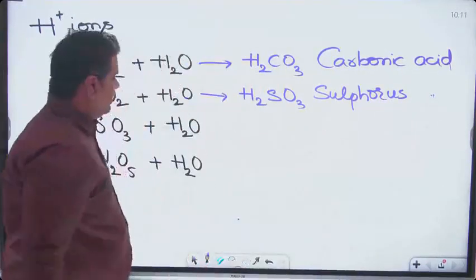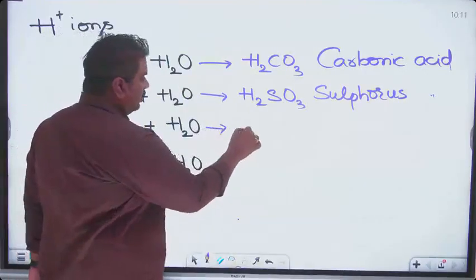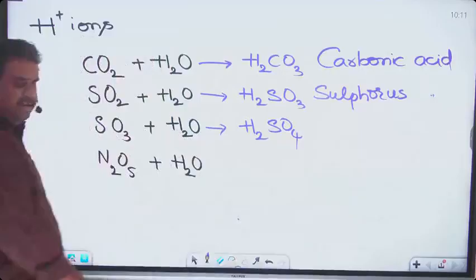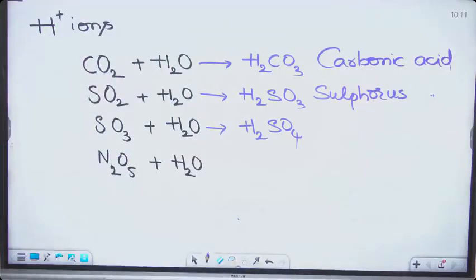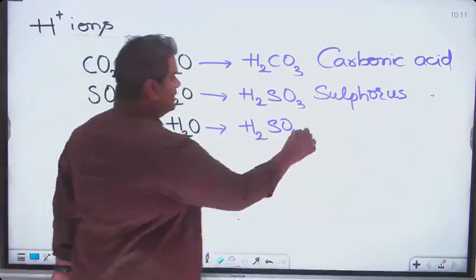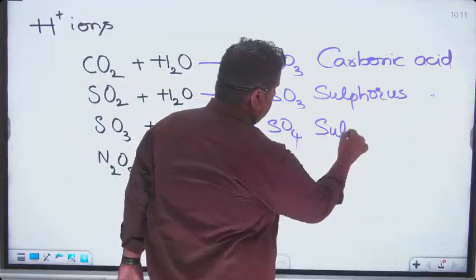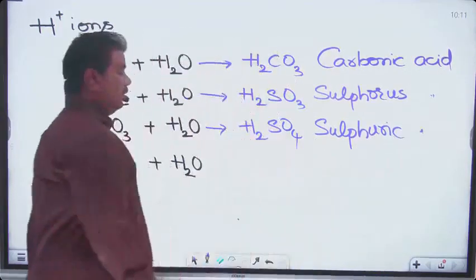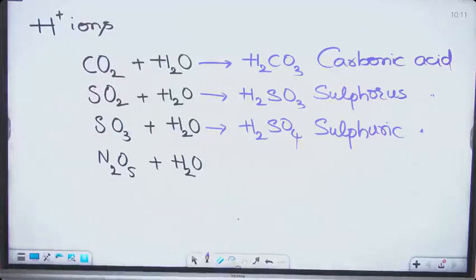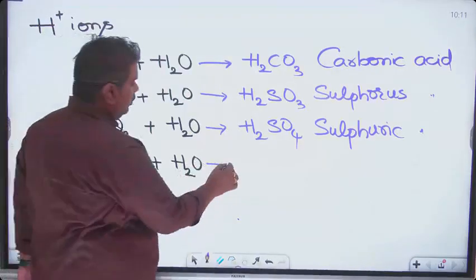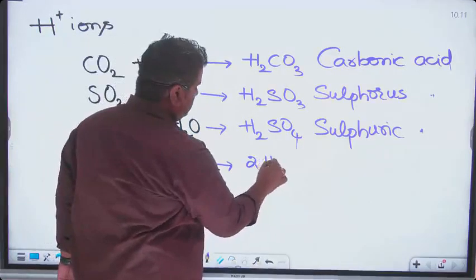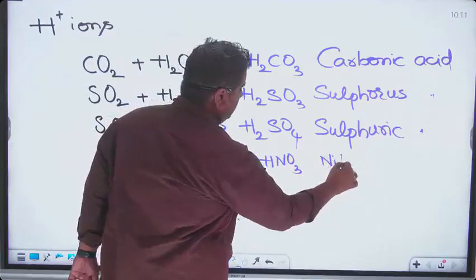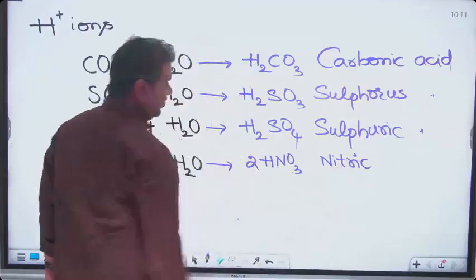Now suppose sulfur trioxide reacts with water, it gives rise to H2SO4, which is known as sulfuric acid. Then N2O5, when it reacts with water, gives rise to a balanced reaction, 2HNO3, or nitric acid.